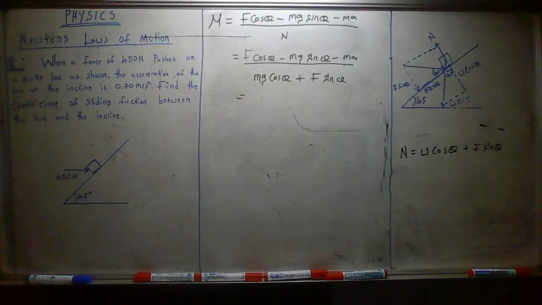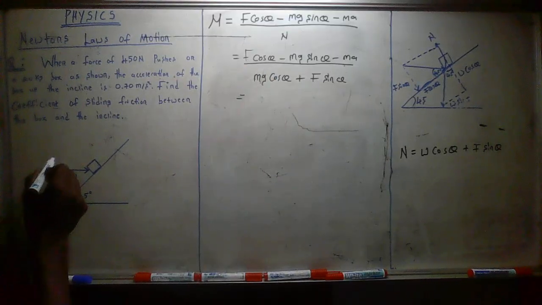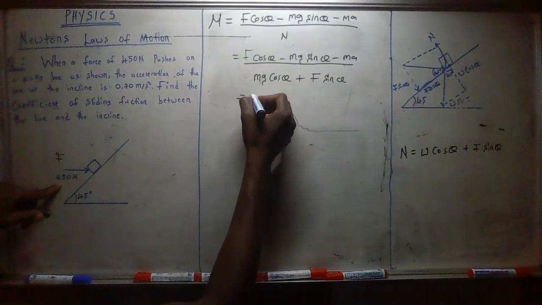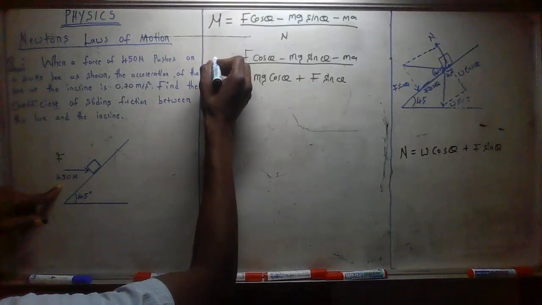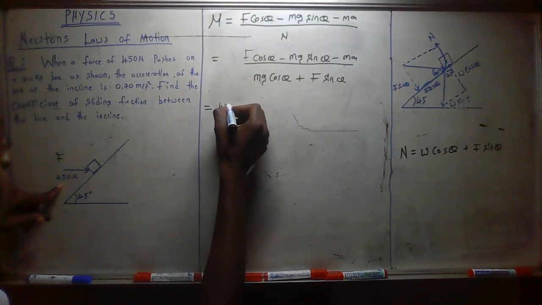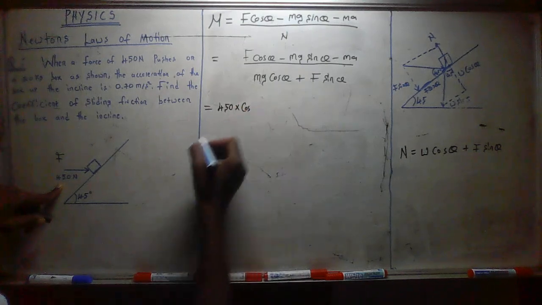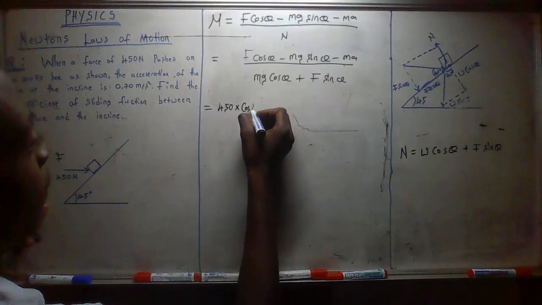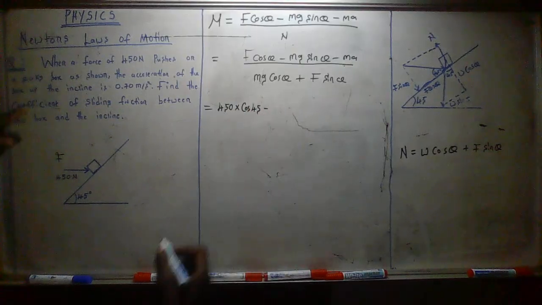So what is our F? We can now replace, right? The F, which is the force acting, is this one. So the F, which is 450, in this case it would be like 450 multiplied by cos theta, which is 45, cos 45, minus, what is the mass?